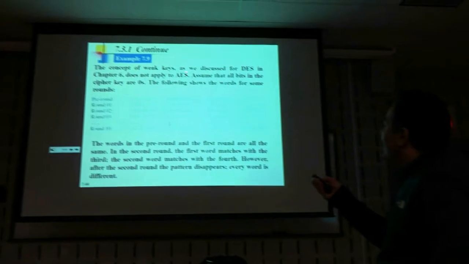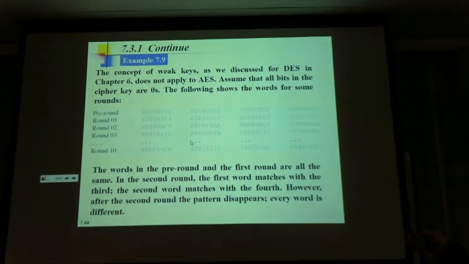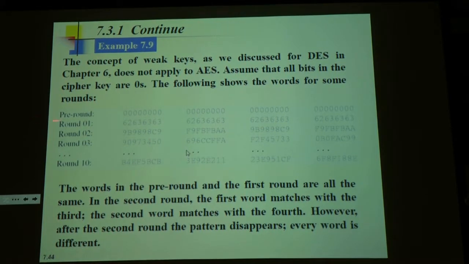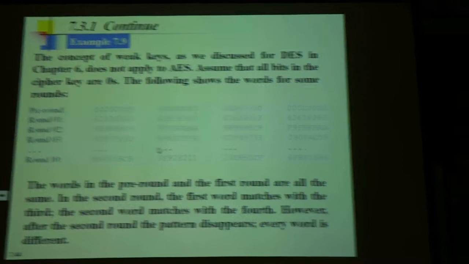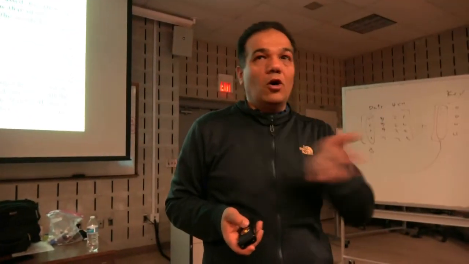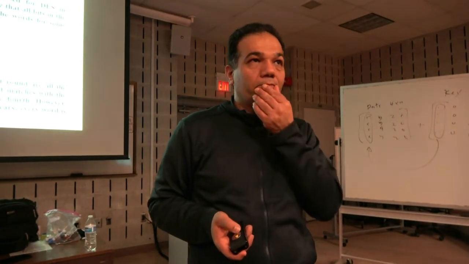Look here. The concept of weak keys is not discussed here like we did in the previous one. So the pre-round is all zeros. If you remember, is a key of all zeros a weak key or not? All zeros is a weak key, all ones is a weak key, right?